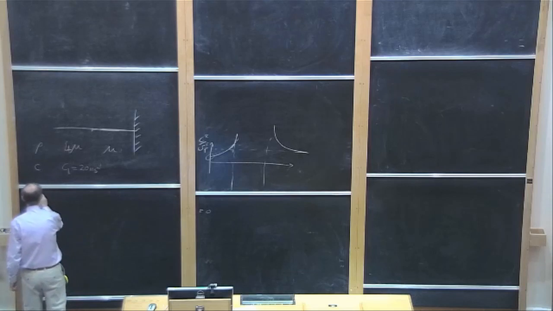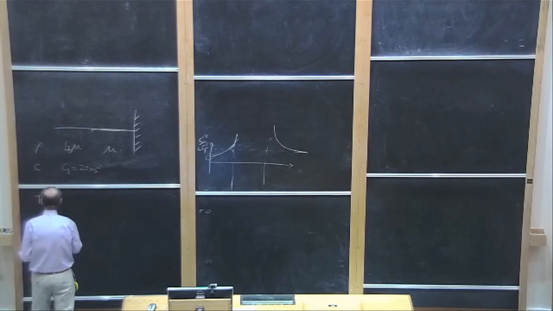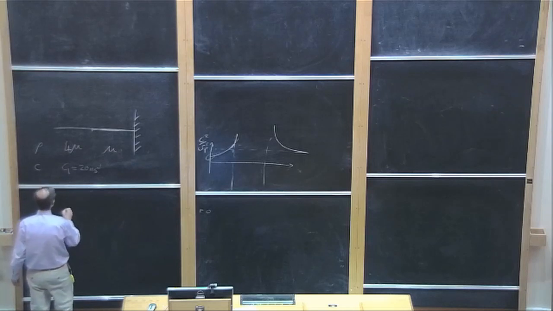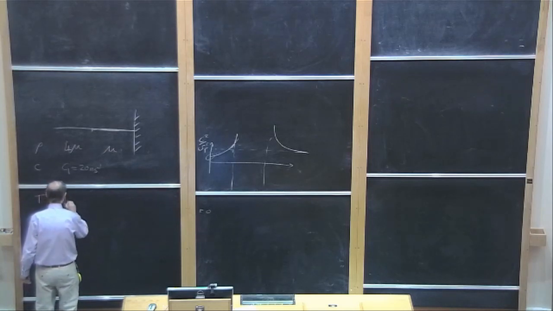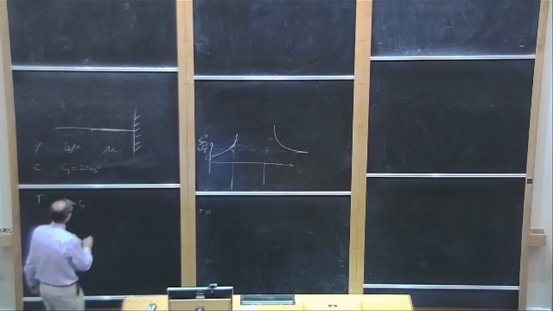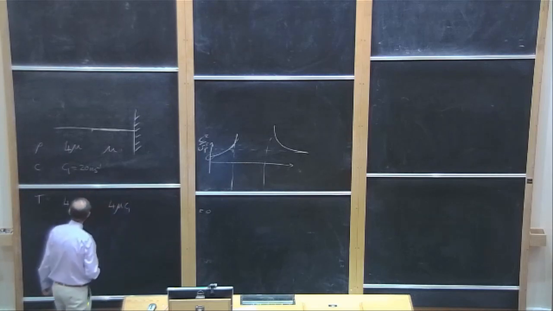Which means that the tension, which has to be the same throughout, T over rho equals C squared, so T equals rho C squared, is 4 mu C1 squared. And that's got to be the same everywhere, so it must be 4 mu C1 squared here.